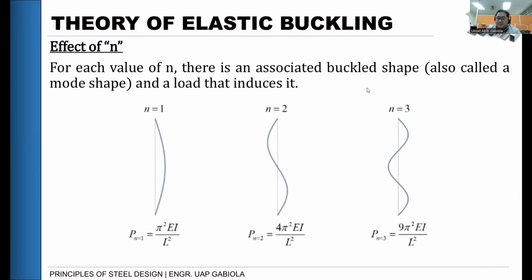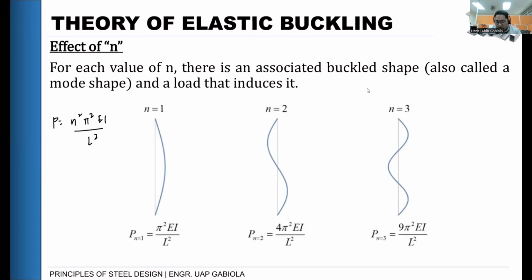For each value ng n, may associated buckled shape siya na tinatawag nating mode shape, and yun yung load na ini-induce niya. Okay? So kung halimbawa n is equals to 1, sinubstitute natin ito sa equation, diba, ang derive natin equation is n squared pi squared EI over L squared. Kaya makikita nyo dito, ito is pi squared EI over L squared.